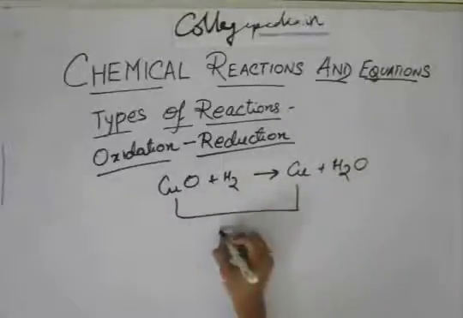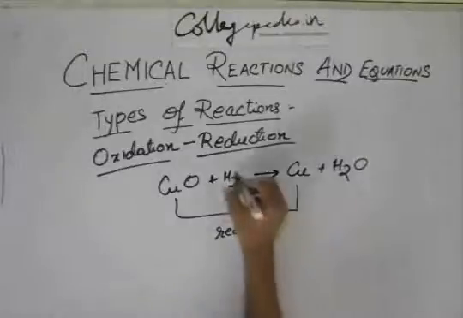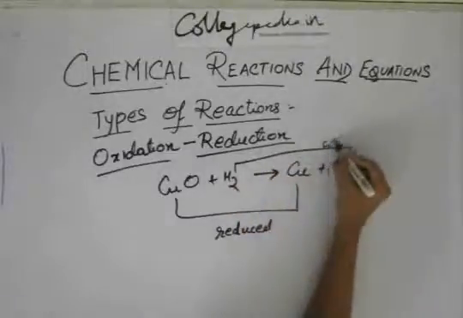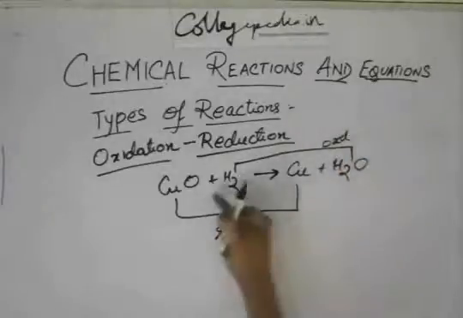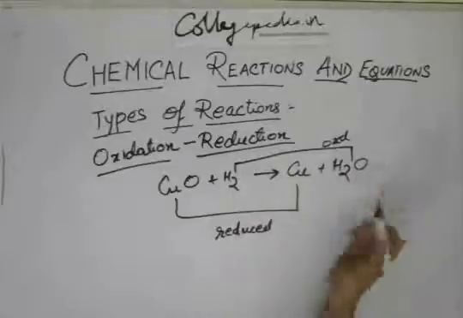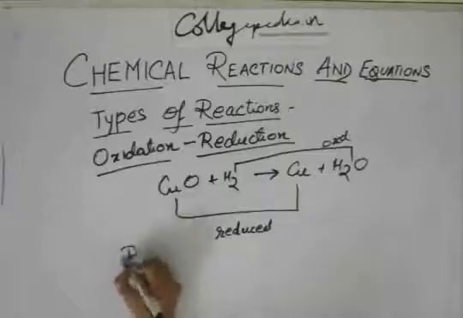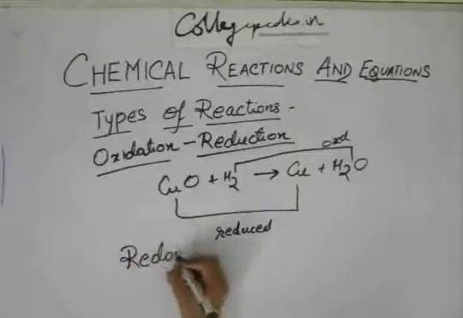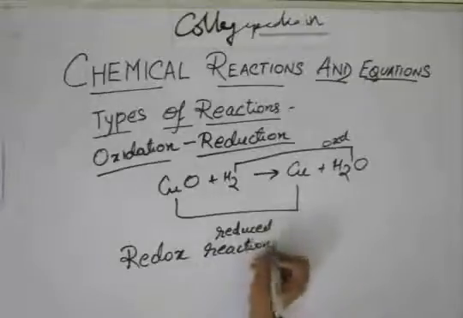This is getting reduced, but this is getting oxidized because hydrogen has got an extra oxygen. So these types of reactions in which oxidation and reduction take place simultaneously are called redox reactions.